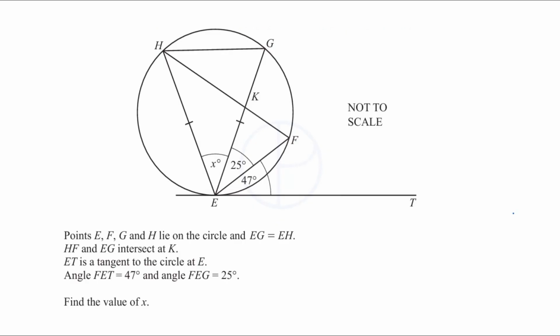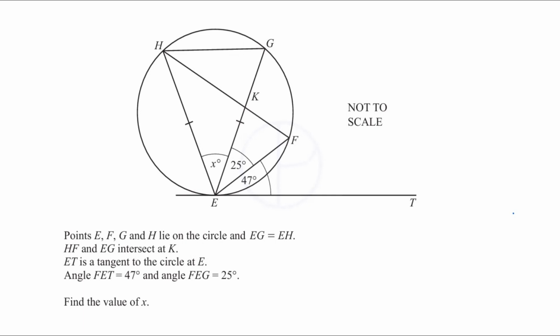Let's solve this question. Points E, F, G and H lie on the circle and EG is equal to EH. HF and EG intersect at K. ET is a tangent to the circle at E. Angle FET is 47 degrees and angle FEG is 25 degrees.